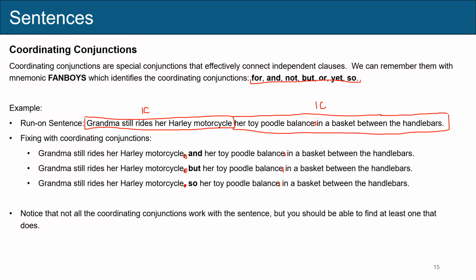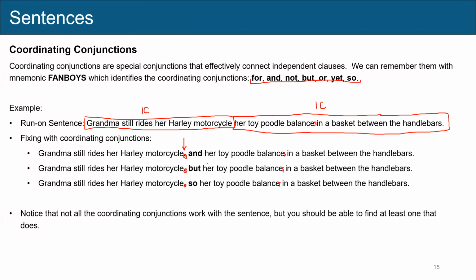And so if you wanted to connect that using a coordinating conjunction, remember that you need to put a comma after the thing that could be a sentence by itself, and then pick whichever of these FANBOYS words works best for how you are working in that information.